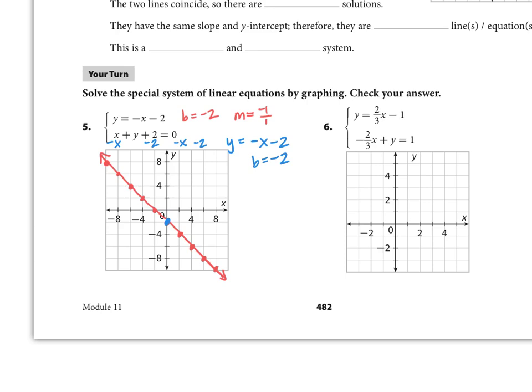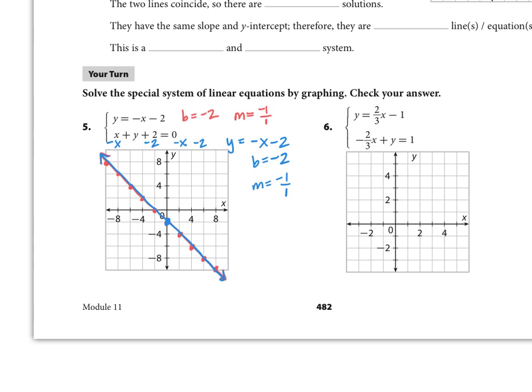So that's right here. And -1 is my slope. So I'll notice that it's actually the exact same slope and the same y-intercept. And so if I were to get these same exact points, notice that my blue line and my red line are exactly the same. So you look at how many solutions, how many points are on both lines.